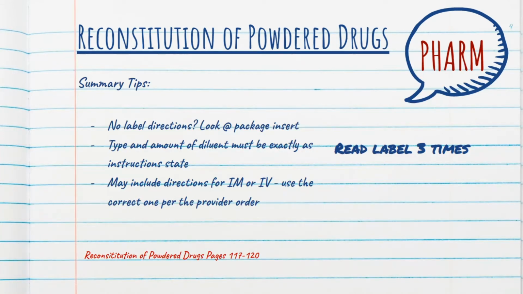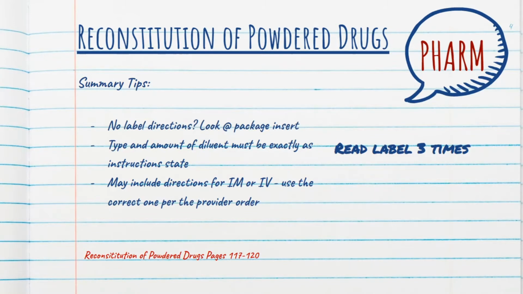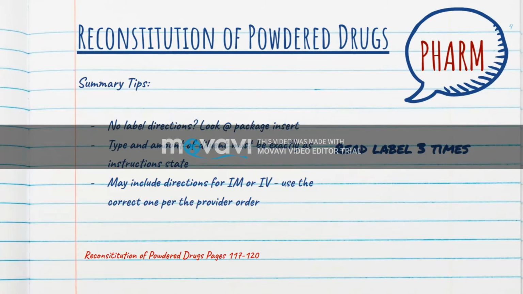You want to get the correct amount and type of diluent and make sure that you're following the instructions. These medications may include directions for both IM and IV, and they may be different. So make sure that you're in the right section. If your order is IM, go to the IM section. If your order is IV, go to the IV section. Just make sure that you're following your directions very carefully. Read the label 3 times.